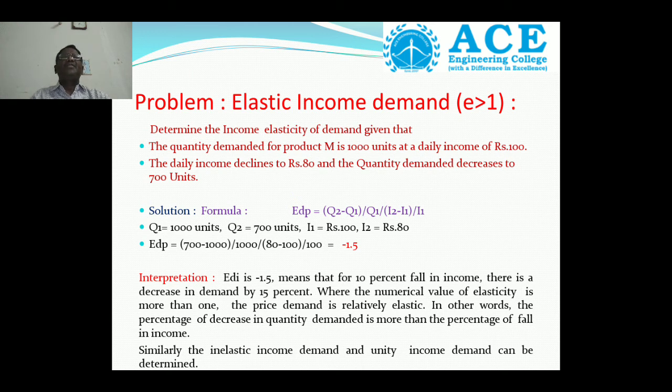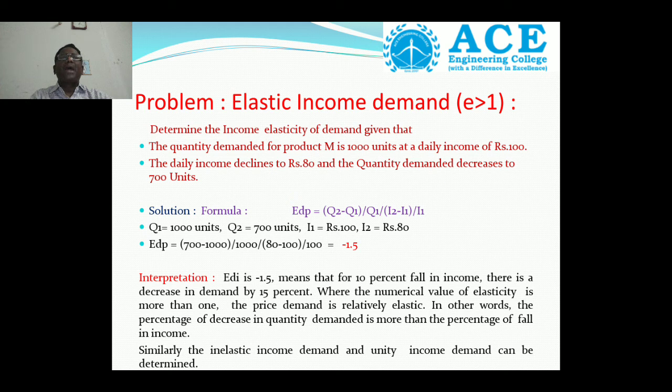Then what is the solution? Q2 minus Q1 by Q1, divided by I2 minus I1 by I1. In the last class, in price elasticity, we discussed the meaning of Q1 and Q2. Q1 is the quantity demanded before the price change, Q2 the quantity demanded after the price change.